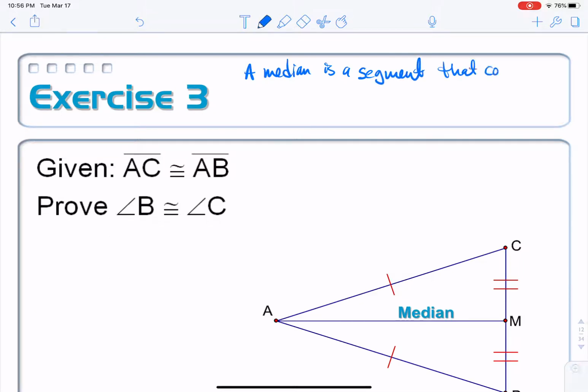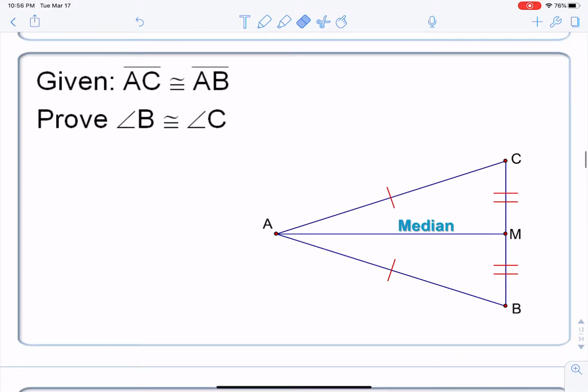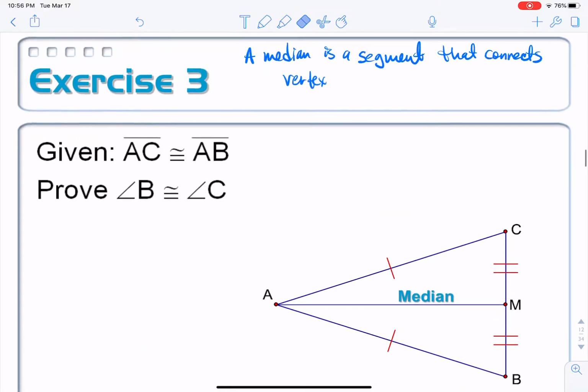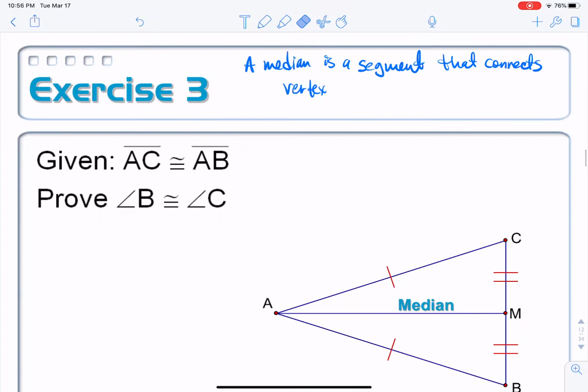That connects a vertex of a triangle. Not to be confused, it doesn't have to go from the vertex angle. This one, for the purposes of this proof, needs to. A vertex of a triangle to the midpoint of the opposite side.